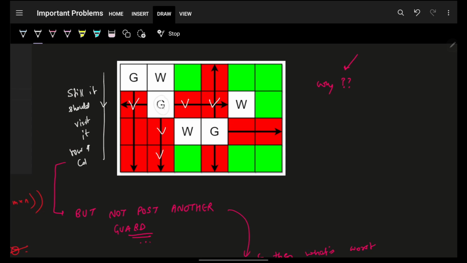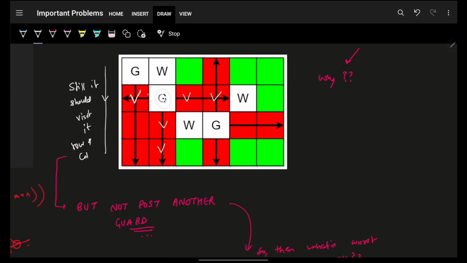When you started from this specific guard, you visited its left, and again, when I say horizontal, you visited its vertical, this is done. Then next time you visited this specific cell guard, you had to start traversing it. You saw, oh, it's already visited. So you actually stopped here, which is incorrect.